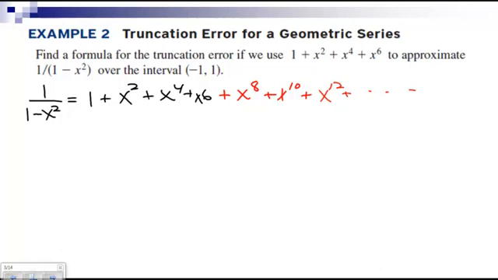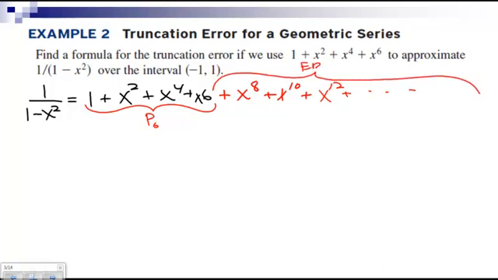I am going to call this part P of 6, Taylor polynomial order 6. And when we lop off all that red stuff, you know what I'm going to call this? I'm going to call this the error. Massive error. That's the stuff that's keeping us from having P6 be the right answer. We'll call it the error.